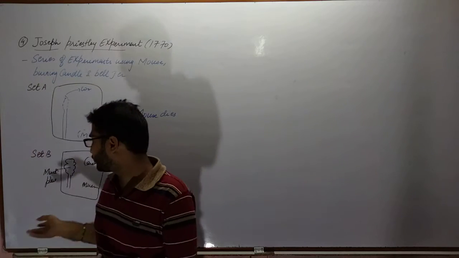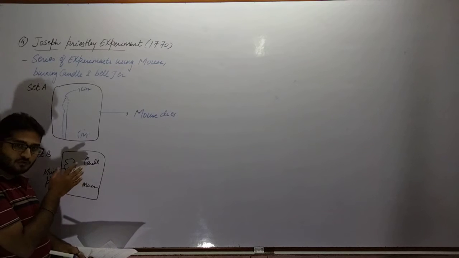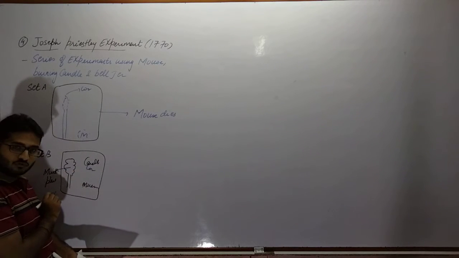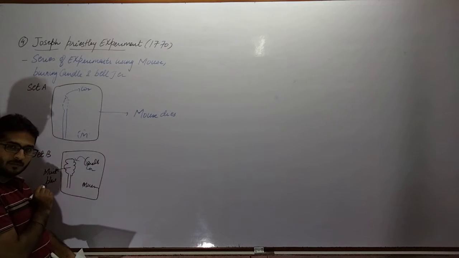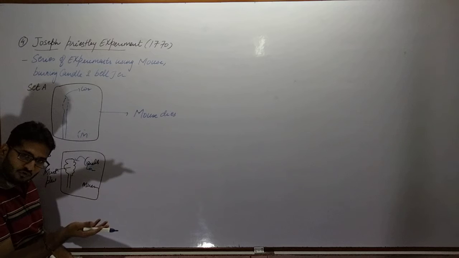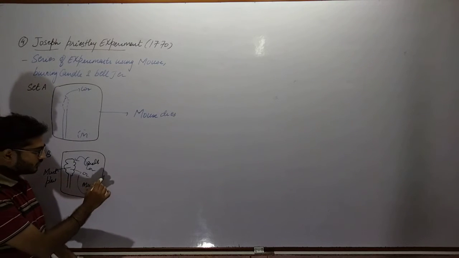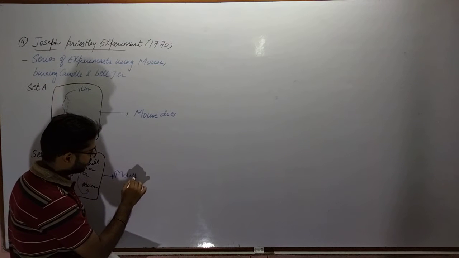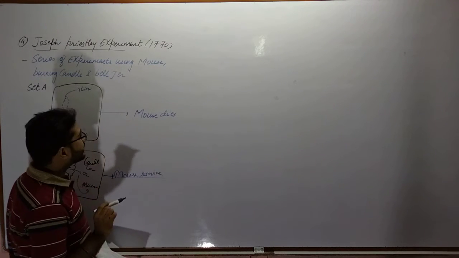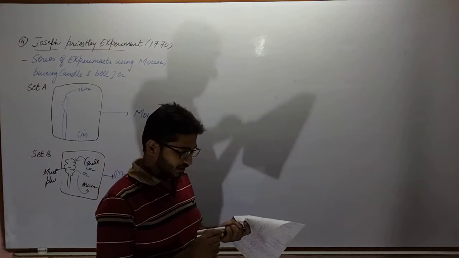Now this setup was exposed to light, the plant received the light and performed photosynthesis, the candle was also burning, CO2 was produced by the candle, accepted and fixed by the plant, and in turn the plant performed photosynthesis and released oxygen. Oxygen is utilized by the mouse. Here the mouse survives.